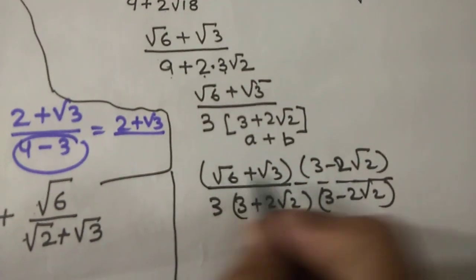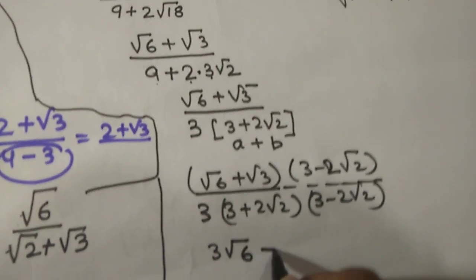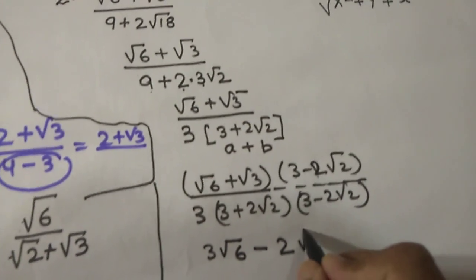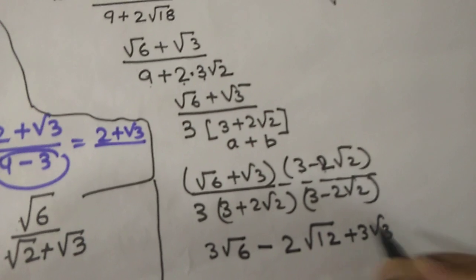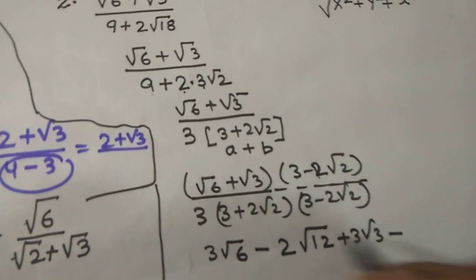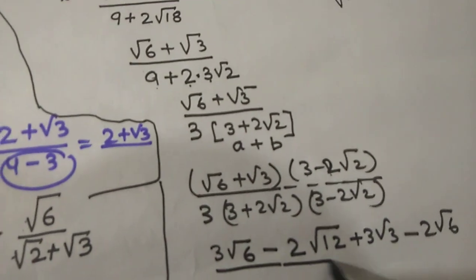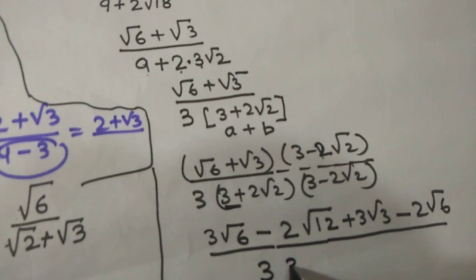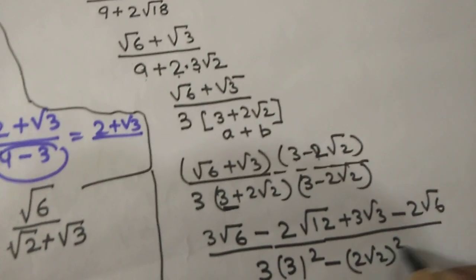Now root 6 into 3 is 3 root 6, minus 2 root 6 multiplied by root 2 is root 12, plus 3 root 3, minus 2 root 6 divided by 3. Now the denominator is 3 whole square minus 2 root 2 whole square.